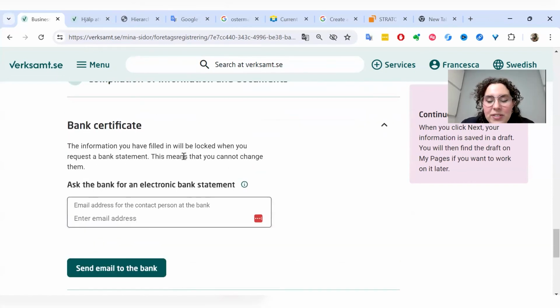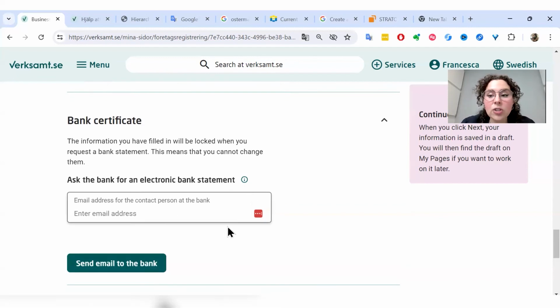As I mentioned in my previous video, you should have already had contact and set up a bank account to deposit your 25,000 SEK in, to make sure that they open up a temporary bank account for you. Once you have the bank person's contact info, for them to confirm, yes, indeed, they have the starting capital that they need to register their limited liability company.